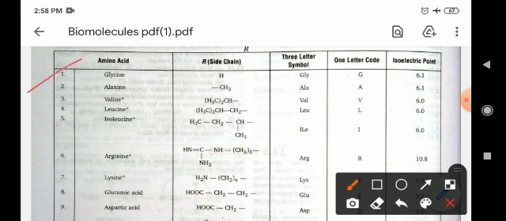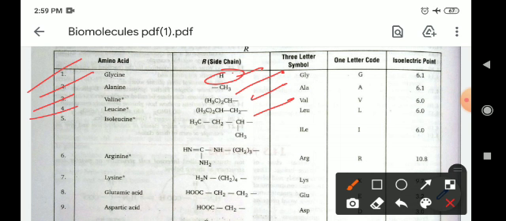Number 1, glycine. If you put H at the place of R, then the amino acid formed is known as glycine. If there is CH3 at the position of R, it is known as alanine. If an isopropyl group is present, it is known as valine. Like this, isobutyl gives leucine.